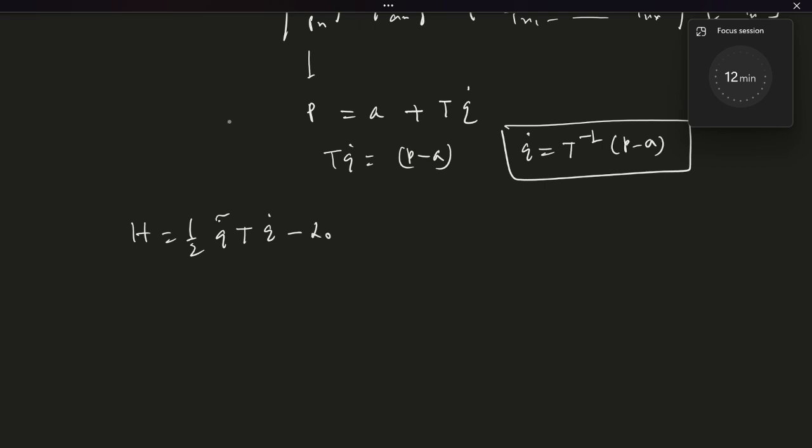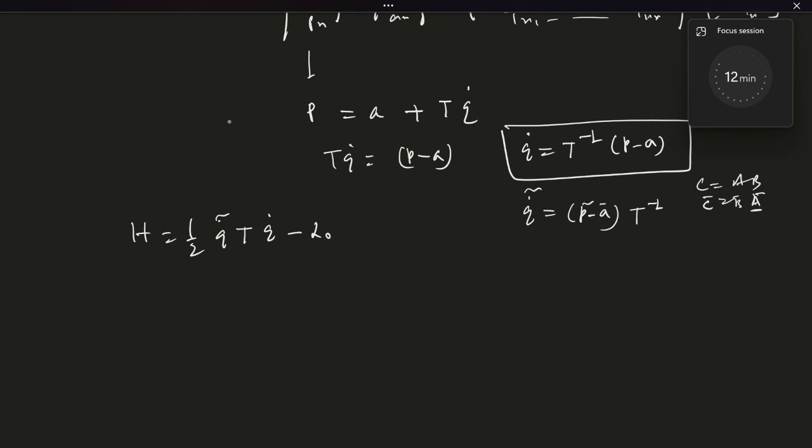So if your q dot matrix is this, what is the q dot tilde, the transpose matrix? If C is equal to AB, what is C transpose? B transpose A transpose. The transpose of P minus A is P transpose minus A transpose, and the transpose of T inverse: T is a symmetric matrix, so T inverse is a symmetric matrix, so T inverse transpose is T inverse.